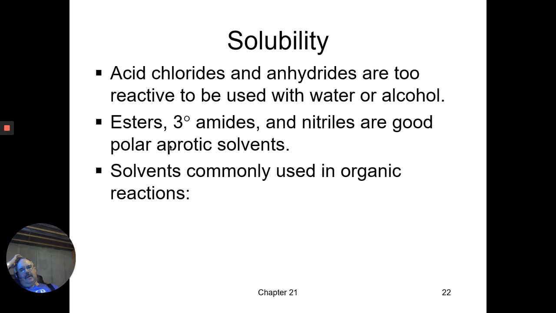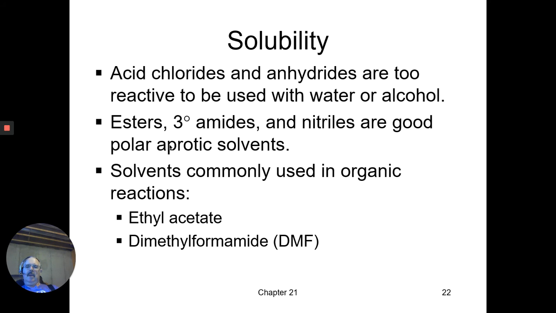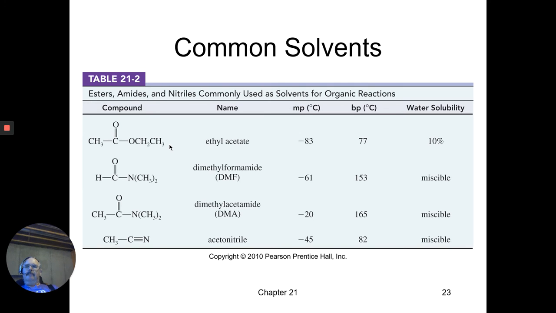Some of the solvents that are commonly used in organic reactions: ethyl acetate, dimethyl formamide, acetonitrile, dimethyl acetamide is also used. You can see that DMF or dimethyl formamide has a high boiling point, as does dimethyl acetamide.